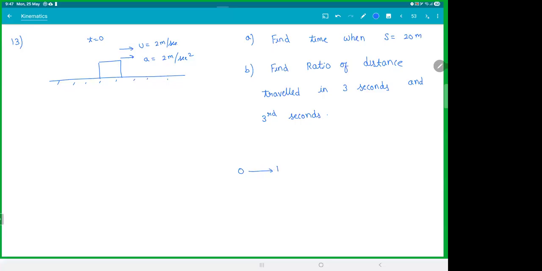Let's say you're going from 0 to 1, 1 to 2, and 2 to 3. So when you go from 0 to 1, this is your first second. 1 to 2 is your second second. 2 to 3 is your third second. But if someone says 3 seconds, that means from 0 to 3 is 3 seconds. I hope you got the meaning of that word. So 3 seconds and third second are completely two different words.